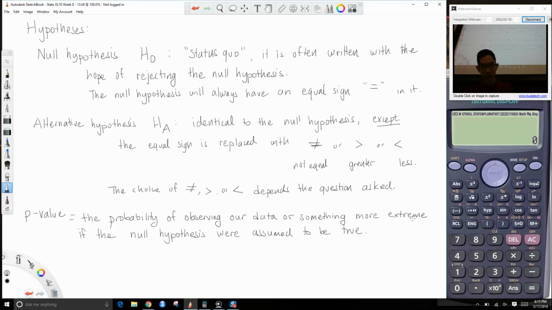Let's star this page, and we'll go take a look at the cheating example and identify what the null hypothesis, alternative hypothesis, and p-value would be in these cases.